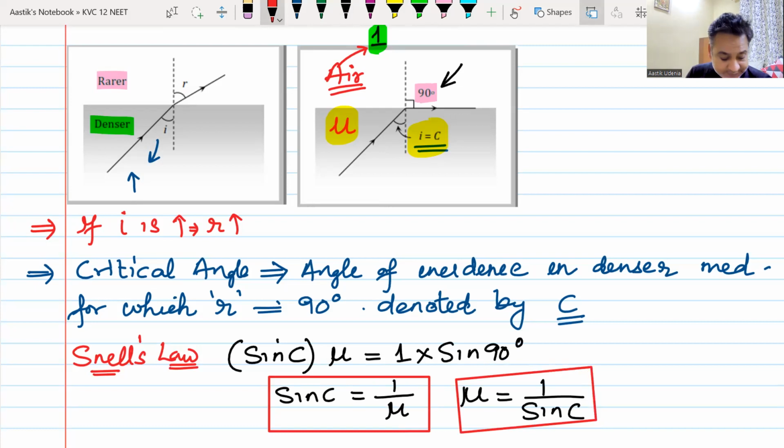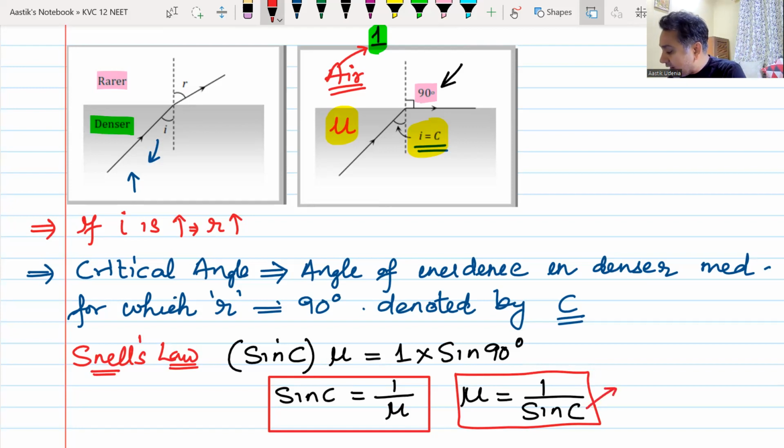Do we understand this? Mu will be equal to 1 by sine C. Here, mu is the refractive index of the medium, and this critical angle is the critical angle between air and the medium.